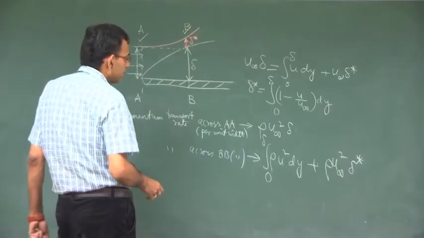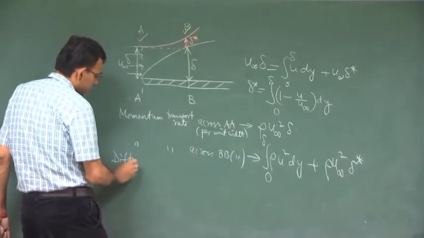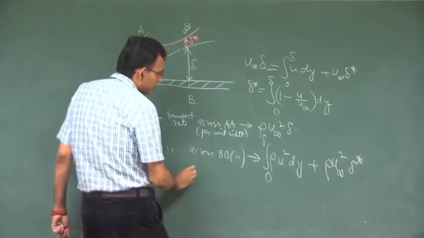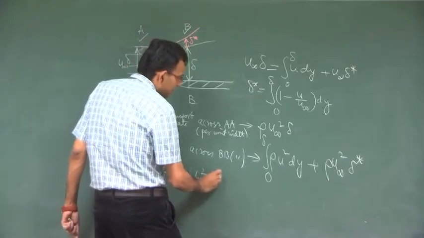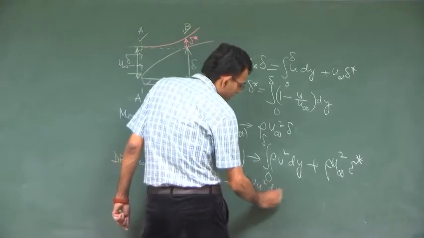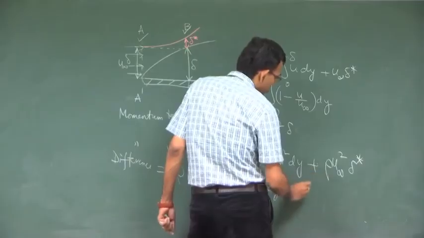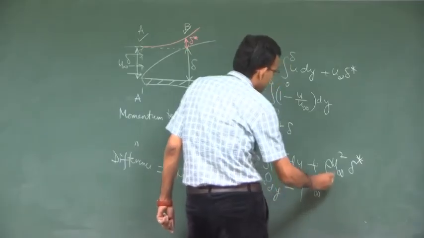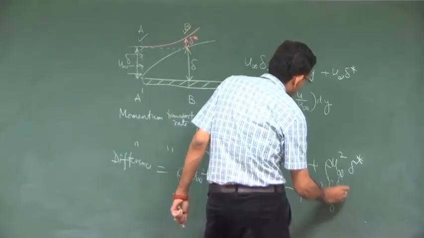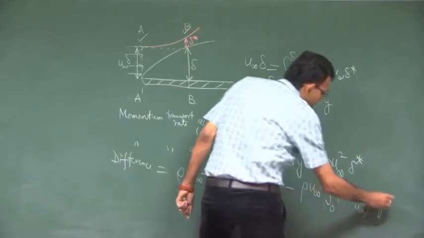So, the difference between these two is equal to rho u infinity square delta minus the integral of rho u square dy from 0 to delta, minus rho u infinity square into delta star, which is the integral from 0 to delta of 1 minus u by u infinity dy.